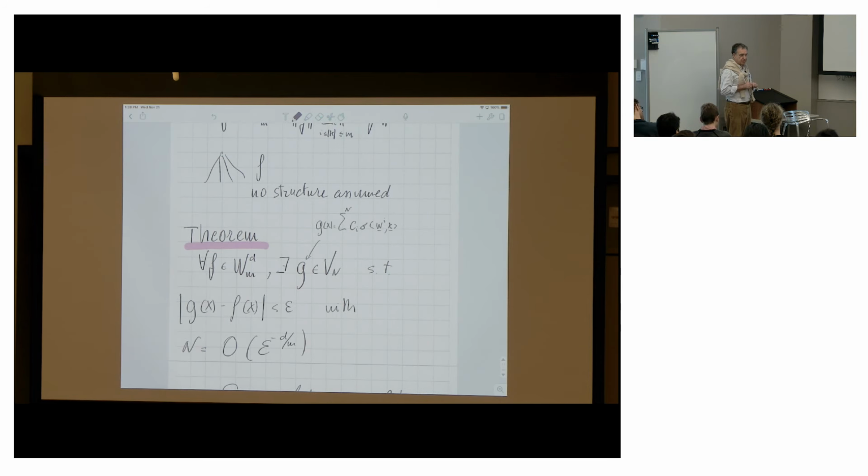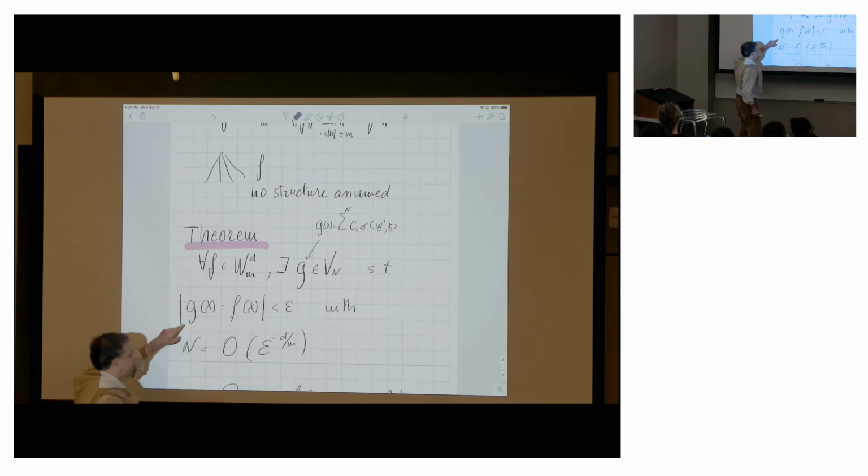Smoothness helps to reduce this number. But take the simple case, I really know only that it's continuous, then it's 10 to the d. Okay?